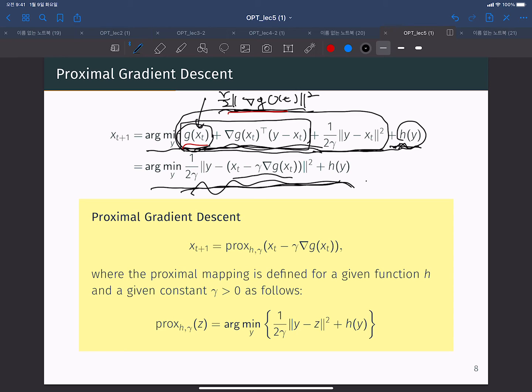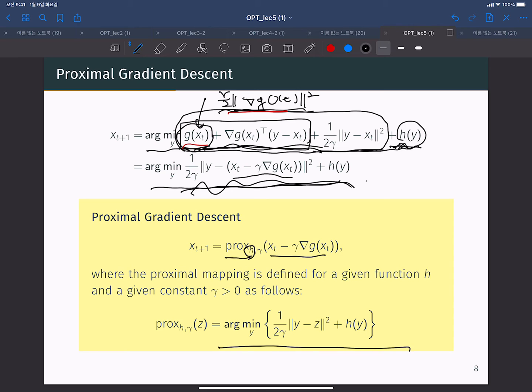So the proximal gradient descent approach basically just runs the simple gradient descent with function g, and then applies the proximal operator with function h. And the proximal operator is defined like this.